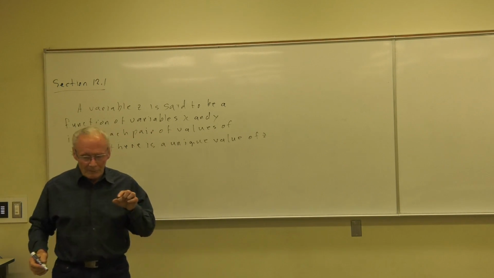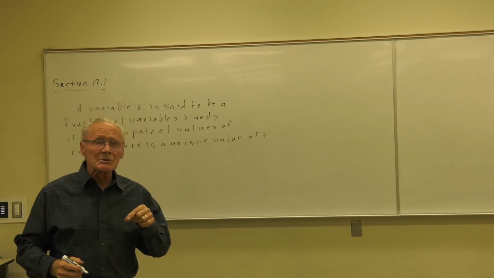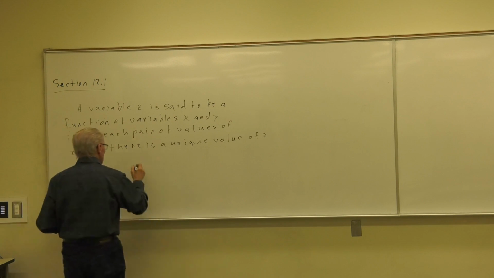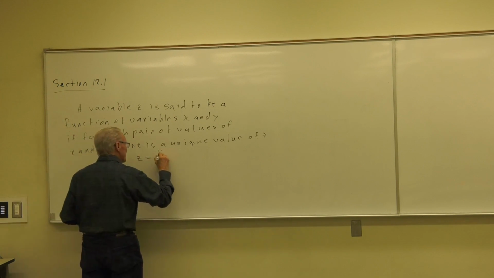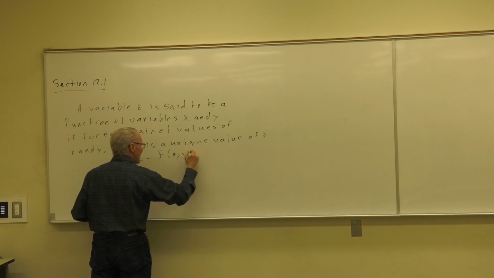So we're talking now simply about a function of 2 variables, and we would write therefore that z is equal to some function of x and y.